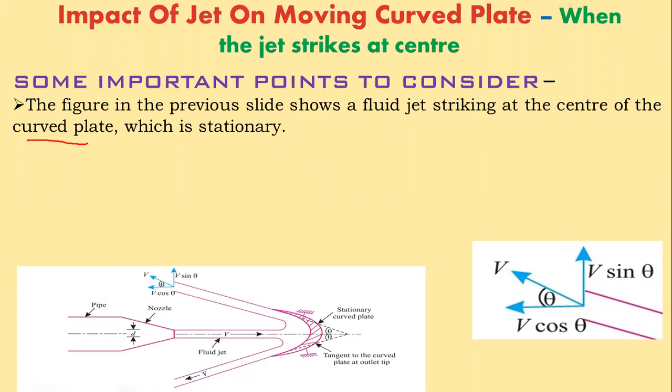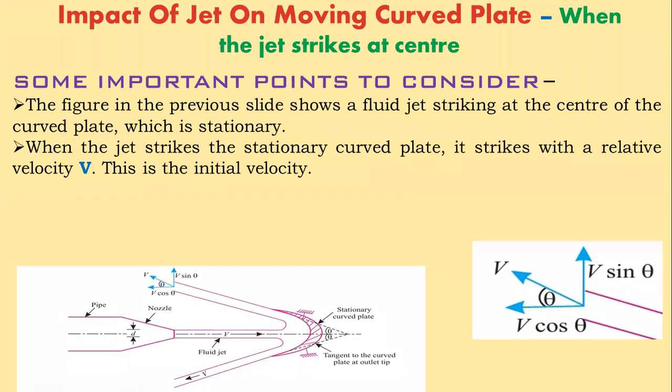Okay, so the figure in the previous slide shows a fluid jet striking at the center of a curved plate which is stationary. That means which is not moving. Now when the jet strikes this stationary curved plate, it strikes with, so this is not relative, this is the absolute velocity. So the jet strikes the curved plate with an absolute velocity capital V, and this will be our initial velocity.